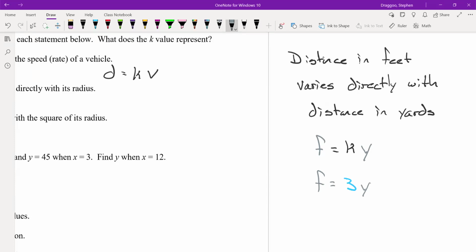So F is equal to 3 times the number of yards. This proportionality constant just tells me that the two ideas are directly related to each other, but also that there's some sort of factor that changes the number between the two. So some proportionality constant that just makes it so that the two numbers aren't exactly equal, they're just proportional to each other.